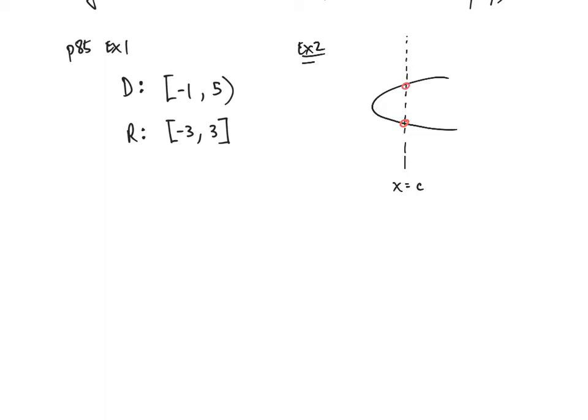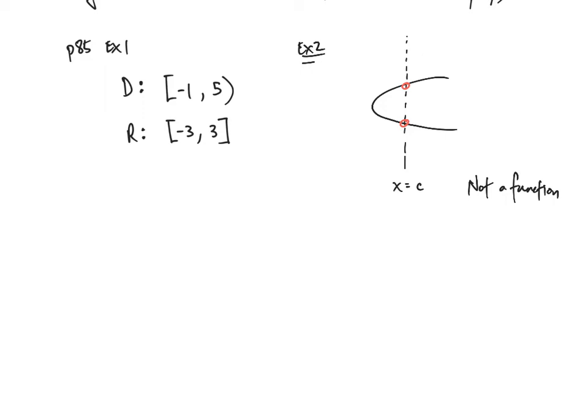And so functions, remember, for every one input, you can only have one output. And so this one value x equals c has two different outputs, and that's why it's not a function. So that's why the vertical line test works.